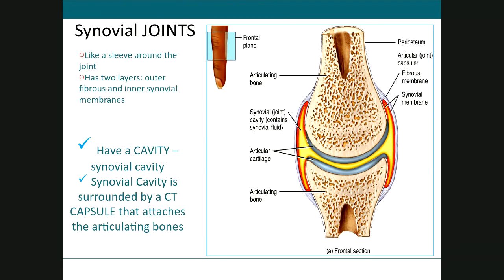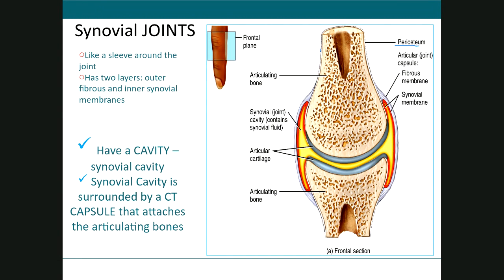So let's look at this example of a phalange or a finger. Here is one bone and then the other bone, and this is probably an interphalangeal joint. The outside of the bone has the periosteum. Here's the joint capsule.